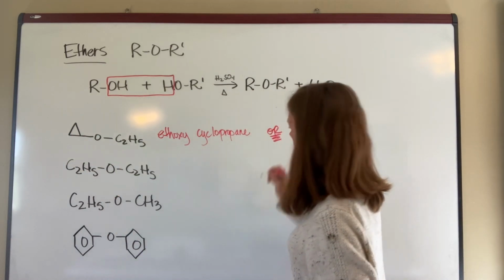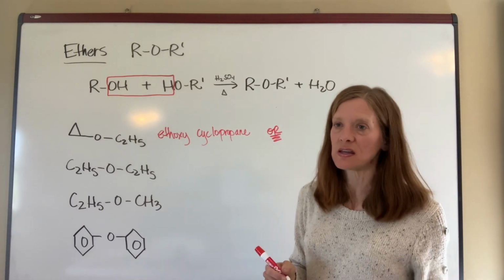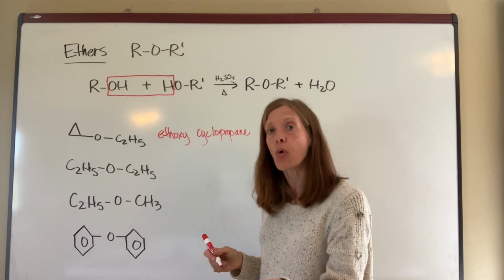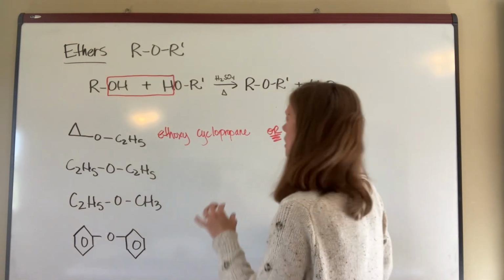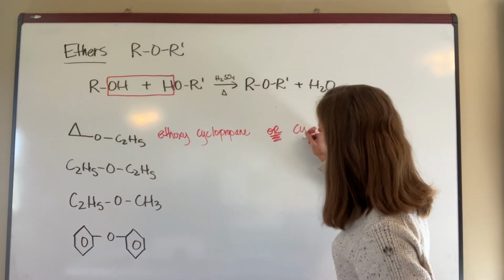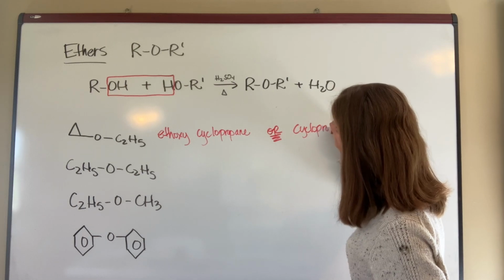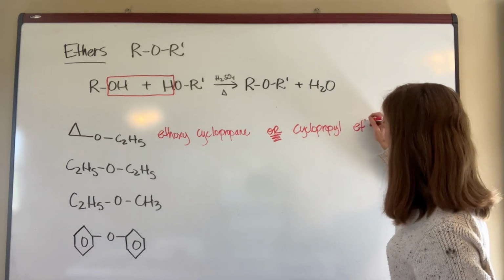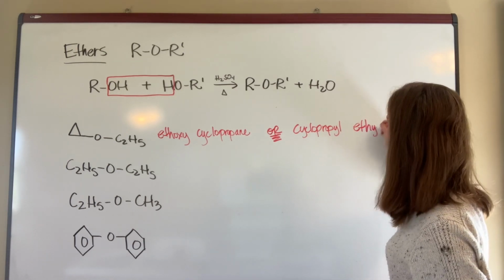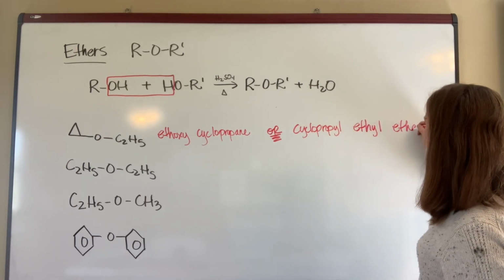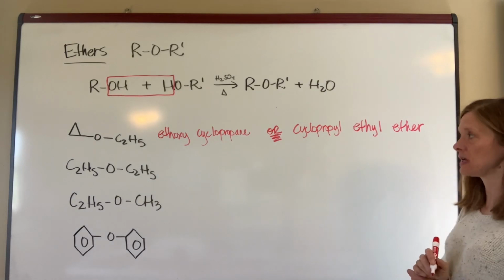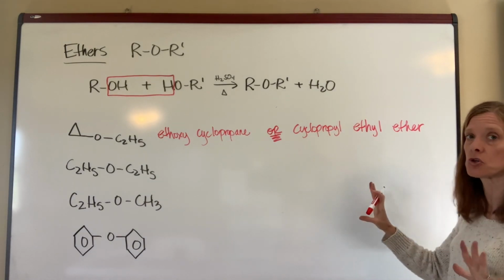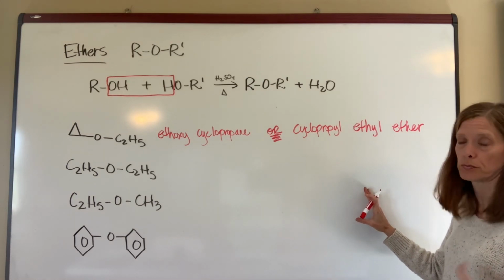Or, and I actually kind of like this way better just because I think it's easier, I take the two sides, put them in alphabetical order, and then call it an ether. So this one I would call cyclopropyl ethyl ether. Cyclopropyl ethyl ether. Okay, so either way is okay. You can name it whichever convention you please.